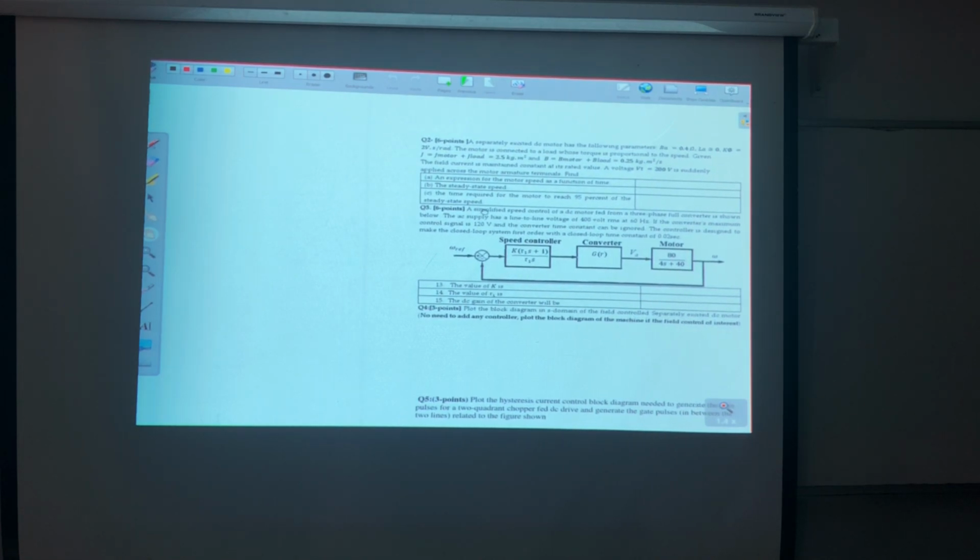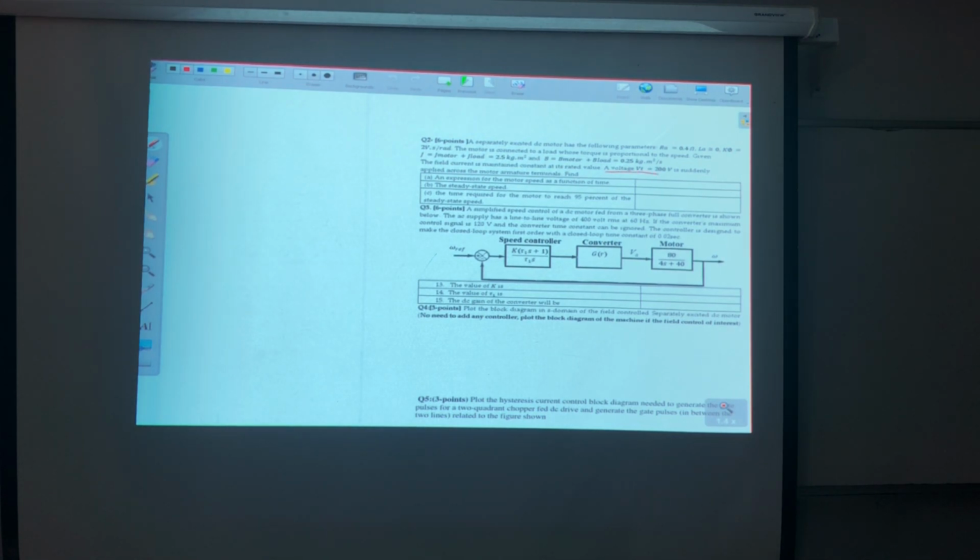Question number 2. Simply here I'm having a separately excited DC motor which has certain parameters, and I'm having the total inertia and the total viscous friction, assuming that I'm driving a torque which is proportional with the speed. I need to find an expression for the motor speed as a function of time.